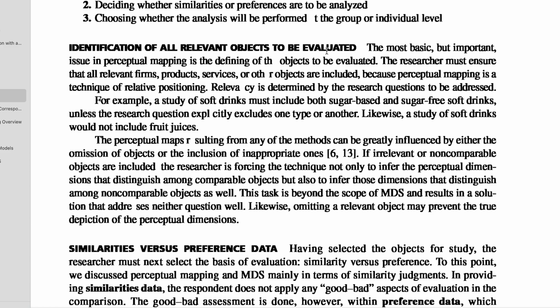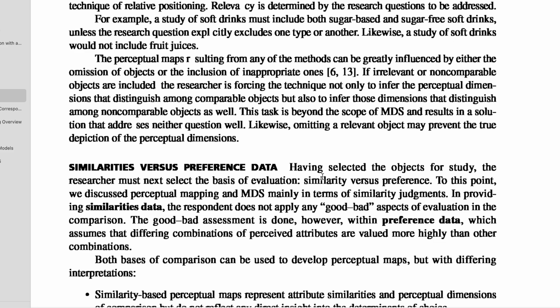Likewise, a study of soft drinks would not include fruit juices. The perceptual map resulting from any of the methods can be greatly influenced by either the omission of relevant objects or the inclusion of inappropriate ones. If irrelevant or non-comparable objects are included, the researcher is forcing the technique not only to infer the perceptual dimensions that distinguish among the comparable objects, but also those dimensions that distinguish among the non-comparable objects as well.